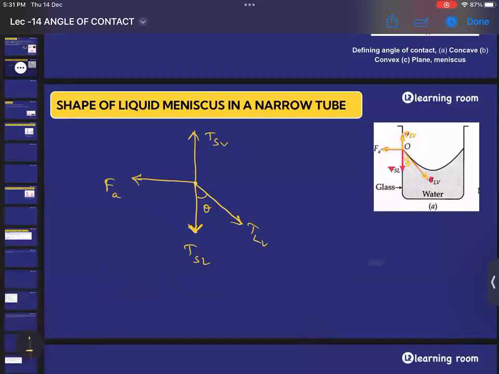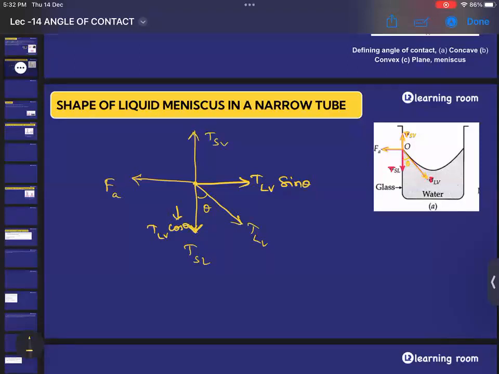If I take this to be theta, then which is the vector which can be divided into two perpendicular components? Can you tell me? Which is not confined to X or Y direction. There is only one force I'm able to see. It is TLV. So TLV can be resolved into two components as TLV sin theta and TLV cos theta.